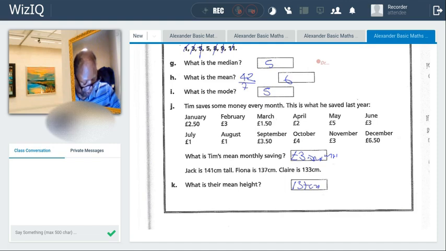The numbers that remain are 5 and 6 as the middle numbers. So therefore, you add them and divide by 2.